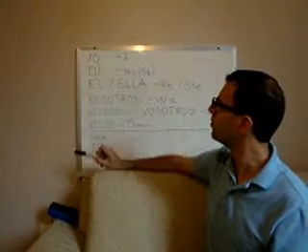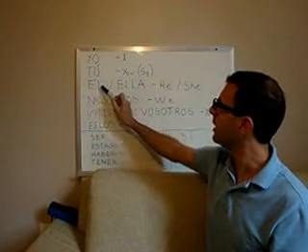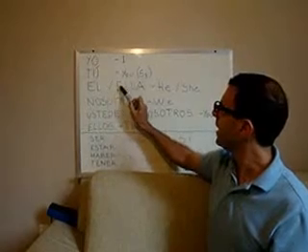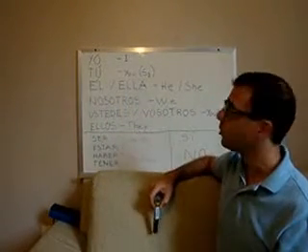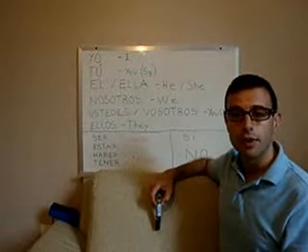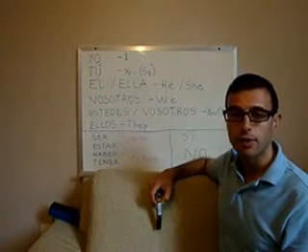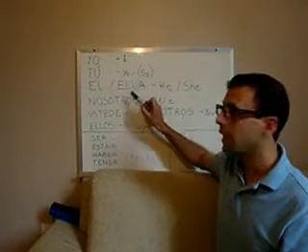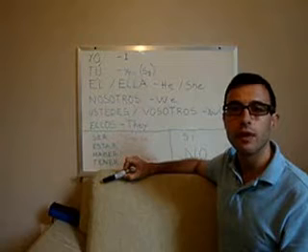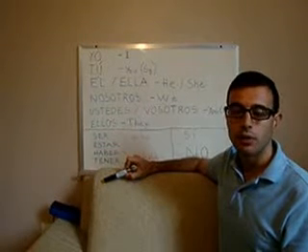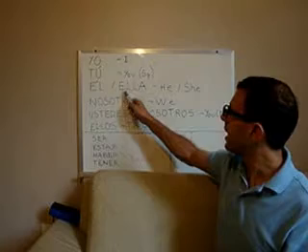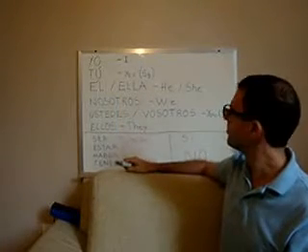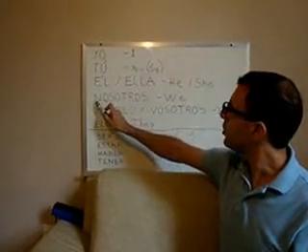Tú, él, ella. Remember that? We saw in our video dedicated to the alphabet that double L is one single letter according to the Spanish alphabet. So this would be ella. Nosotros.